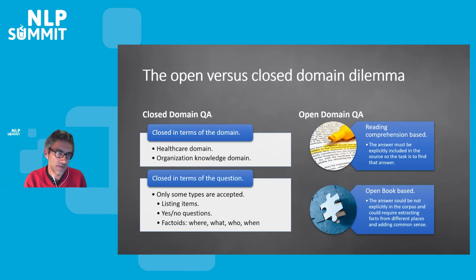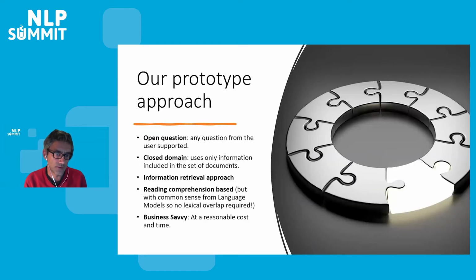In our prototype approach, what we did is open question. Any question can be answered. The user is not limited to a closed set of questions, but can ask any question to the system, but in a closed domain. We will only process and use information included in the set of documents from Kaiser Permanente.